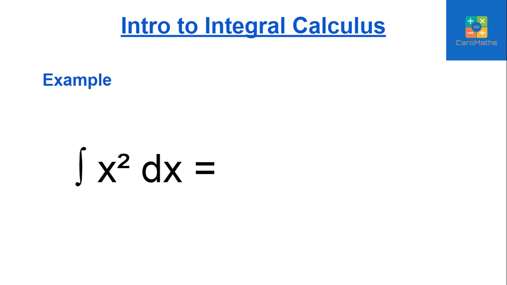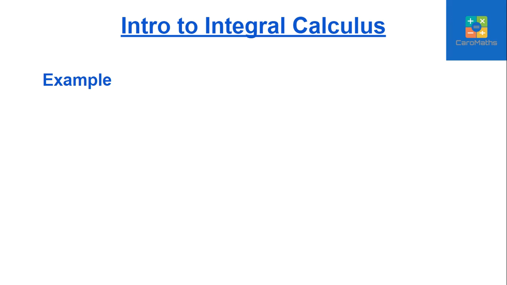Let's have a look together. So what is it? Add 1 to the power and divide by the power so formed plus the constant. So we're adding 1 to the power, which gives us x cubed, and divide by the power so formed, which is 3. So it's x cubed over 3 plus our constant. And that's actually called the constant of integration.